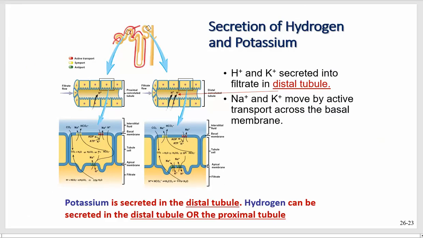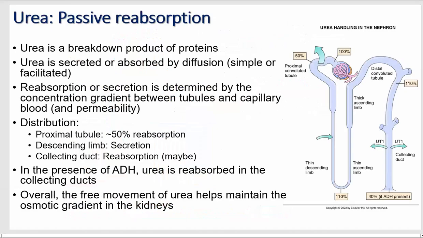Hydrogen and potassium secreted into the filtrate in the distal tubule, and sodium and potassium move by active transport across the basal membrane, okay, which we kind of see here. So just a reminder that secretion of hydrogen and potassium, we kind of saw that slide earlier that showed that.